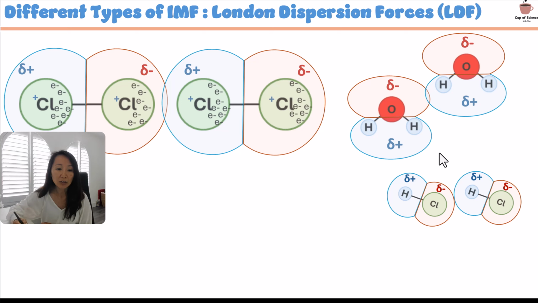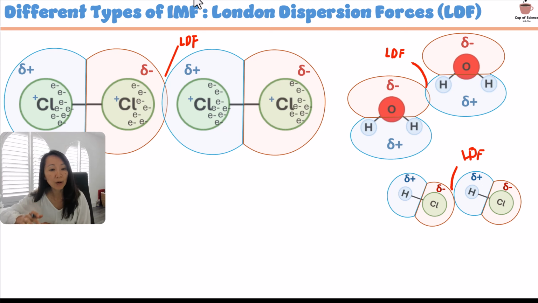So the interaction right here in between, this is where the London dispersion force is happening. I'm going to abbreviate it as LDF. Again, it is an interaction between partially positive and partially negative poles of the entire molecule.